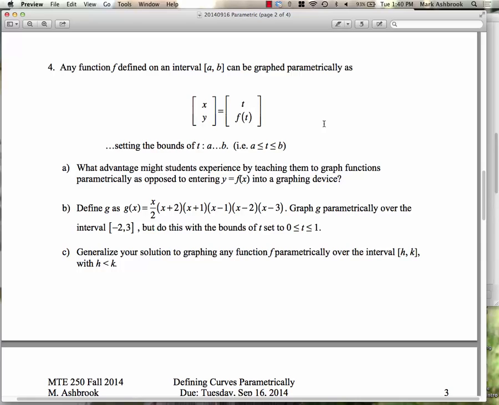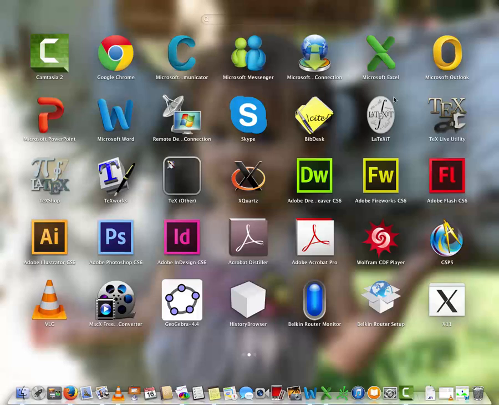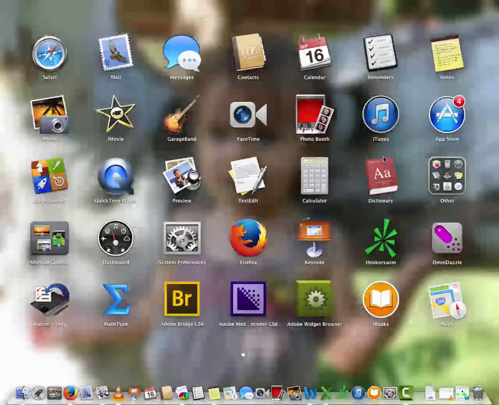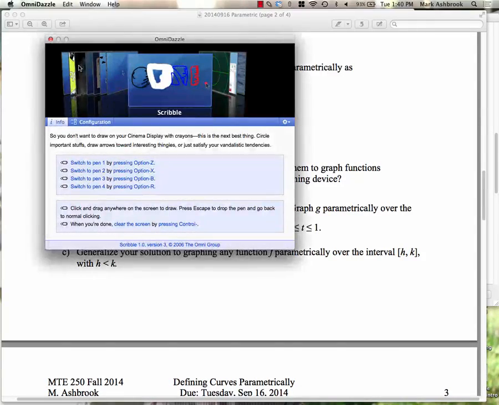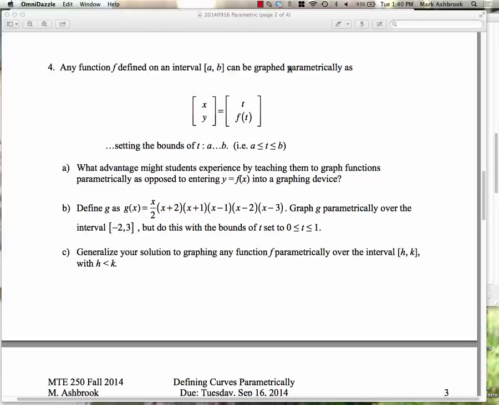What is the emphasis? So the traditional way. Okay, what is the emphasis of this? When we think about defining or graphing a function y equals f of x, where's the emphasis?